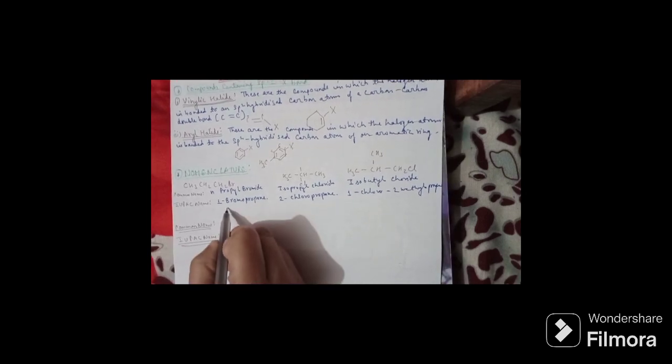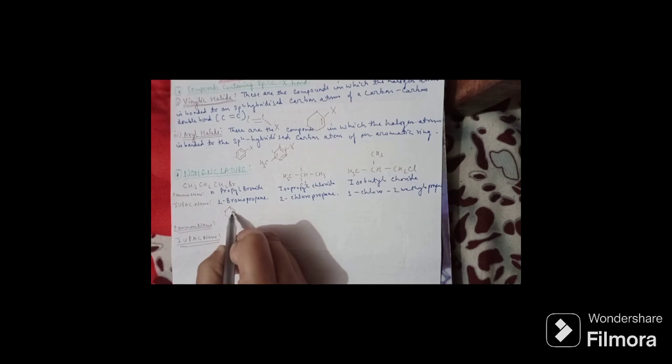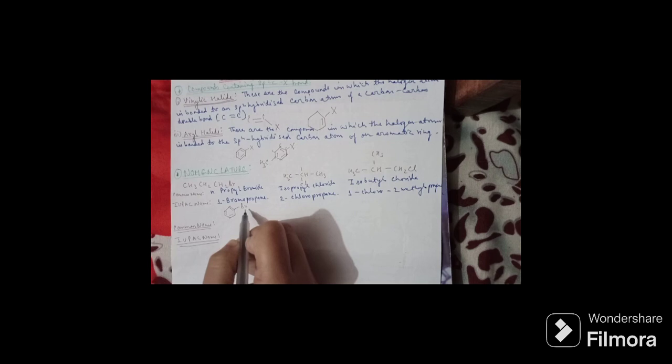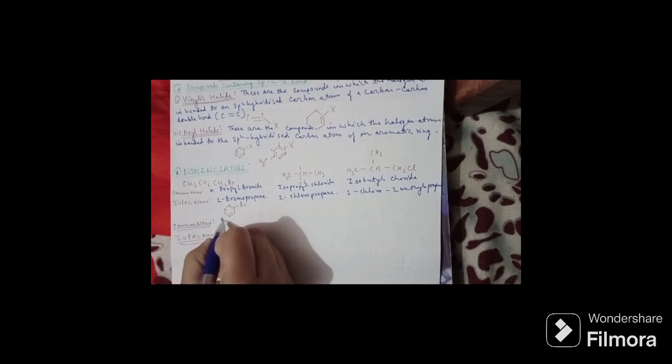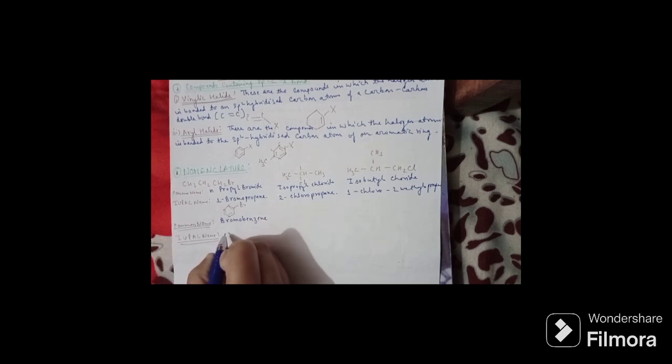First we have a ring with Br, this is your bromine. The common name is bromobenzene. The IUPAC name of this is also bromobenzene.